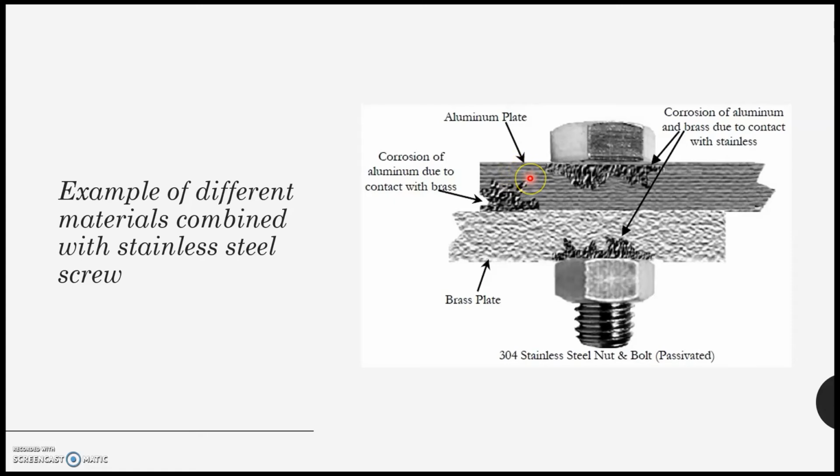This is more anodic than the screw, so it will be attacked by corrosion under the screw, and it's also more anodic than the brass plate, so it is also attacked between the brass plate and the aluminium plate. And the brass plate is attacked by corrosion between the bolt and the plate.